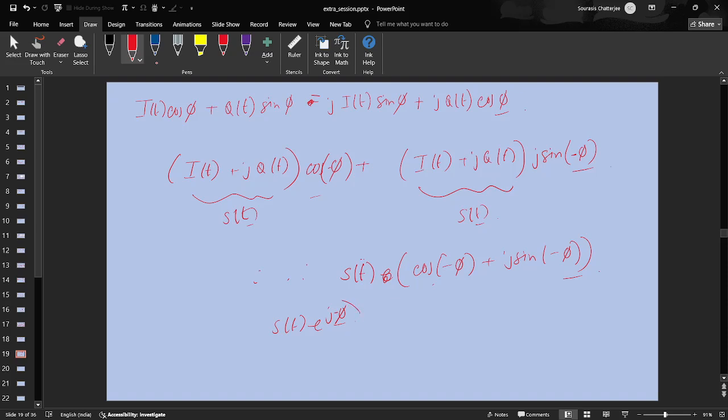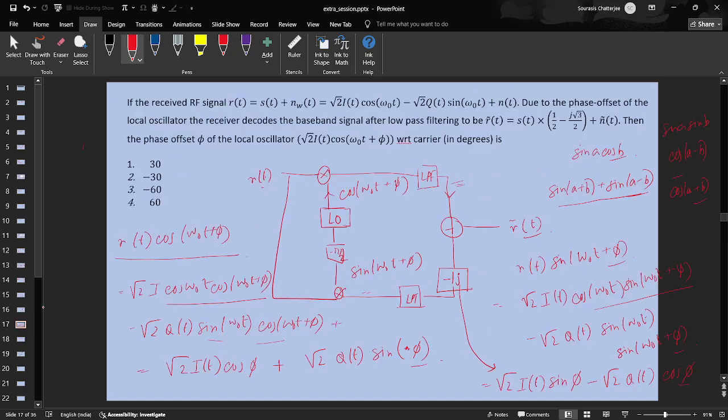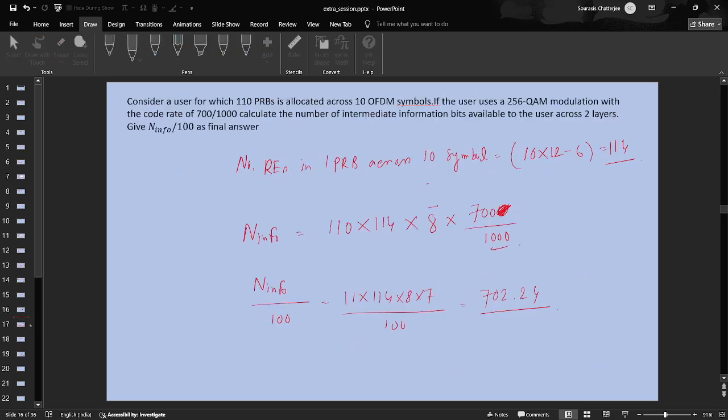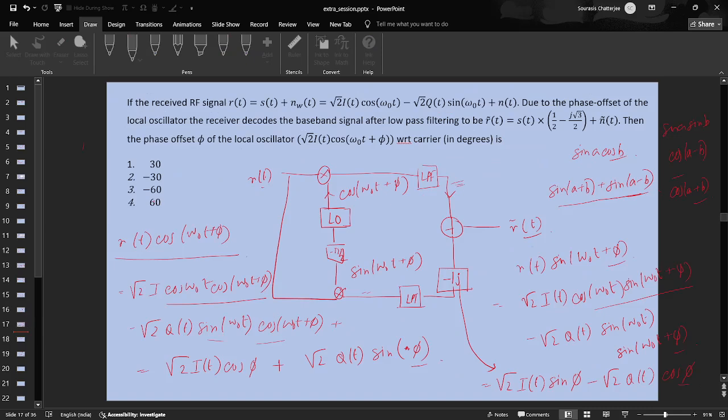If we compare this term here, e to the power minus j phi, with the expression here, that is 1 over 2 minus j root 3 over 2, we can find that minus phi is minus 60, or phi as 60. So 60 should be the answer here.